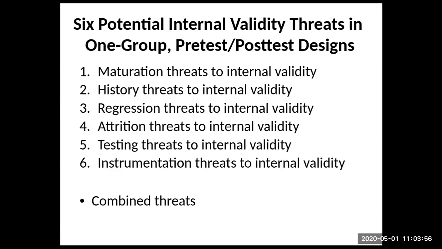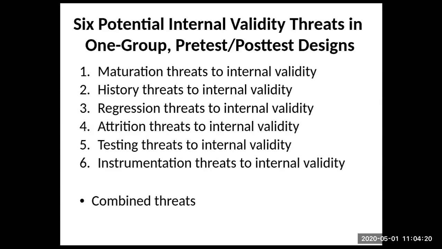But instrumentation threats are, we're getting the wrong numbers because our measurements were wrong. Our instruments weren't calibrated, or we didn't do something correctly, and that caused what we thought was an improvement, but really wasn't.